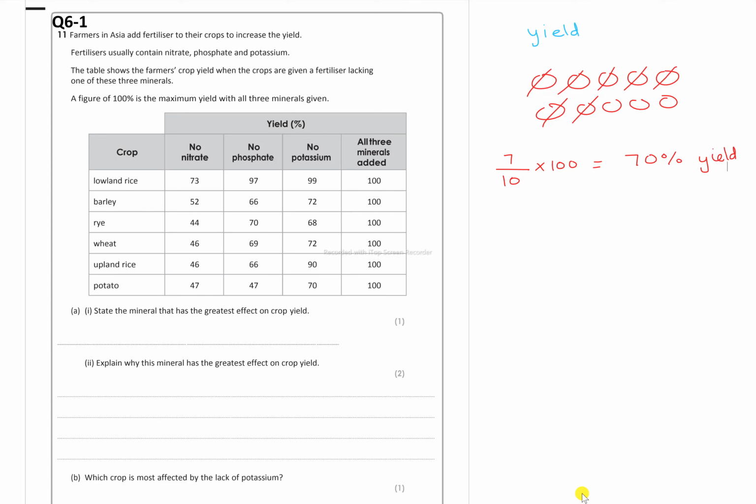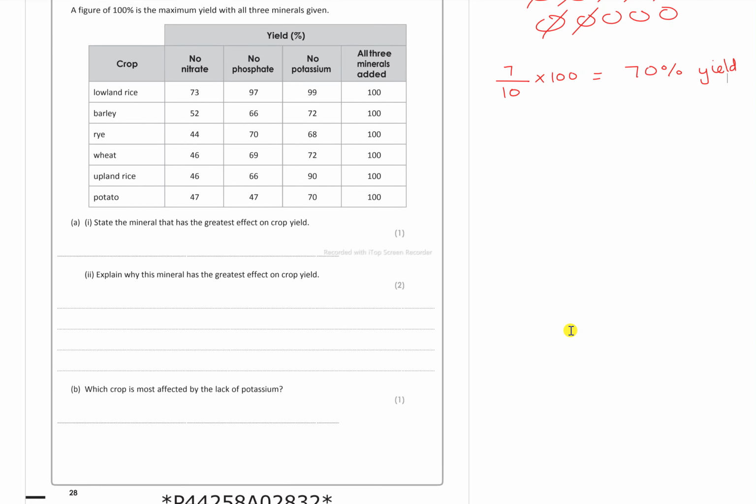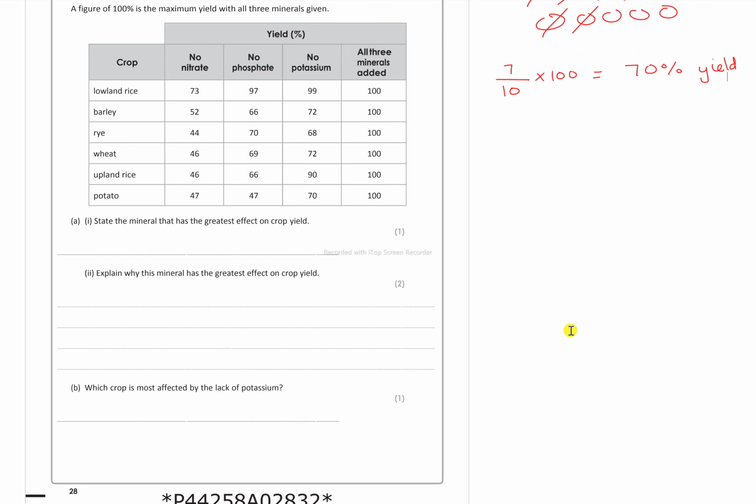Right, okay, now we can carry on. State the mineral that has the greatest effect on crop yield. No nitrate, no phosphate, no potassium. Nitrate.